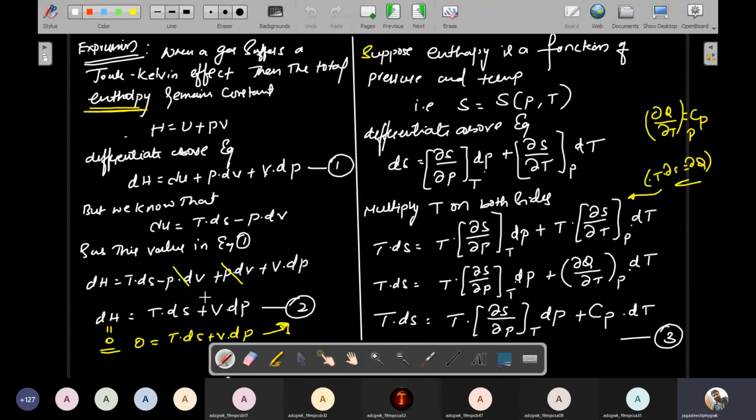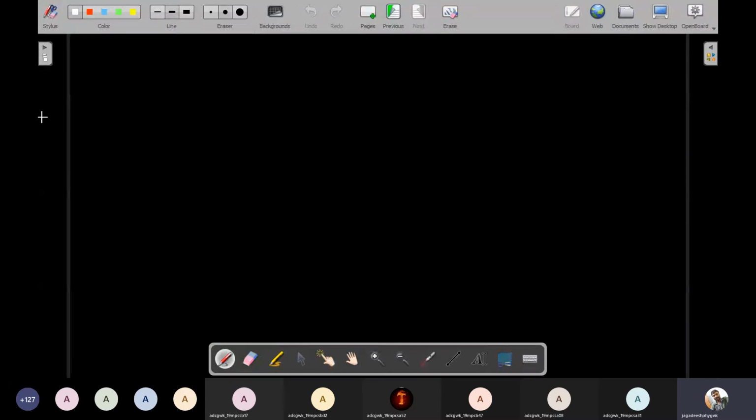So we know that the second equation is 0 = T ds + V dP. Once again I write the second and third equations because of our continuation process.